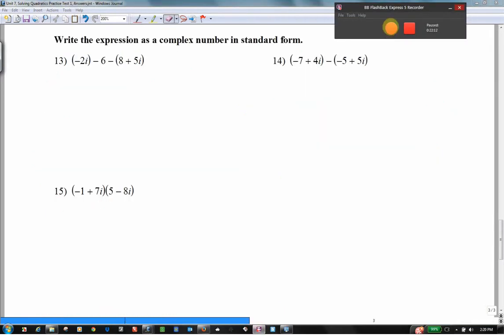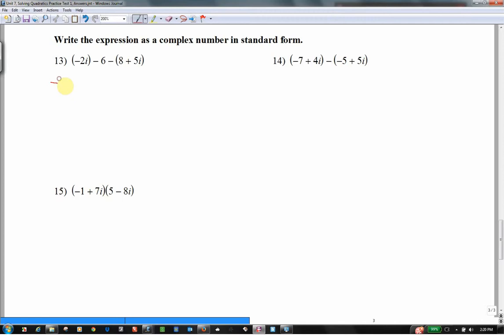Okay, so on this one, number 13, this is simply adding or subtracting complex numbers. So we have negative 2i minus 6, the negative distributes in minus 8, and the negative distributes in minus 5i.